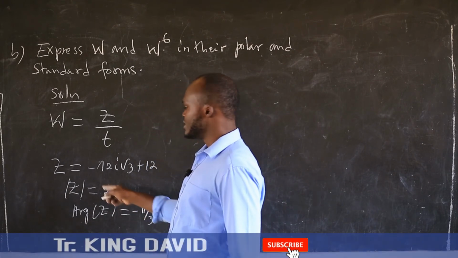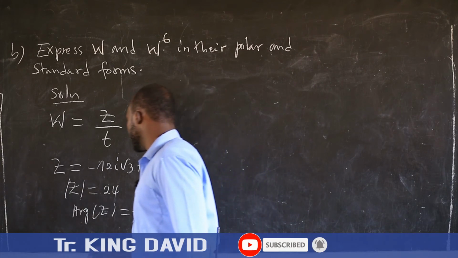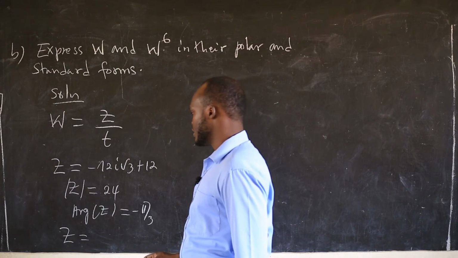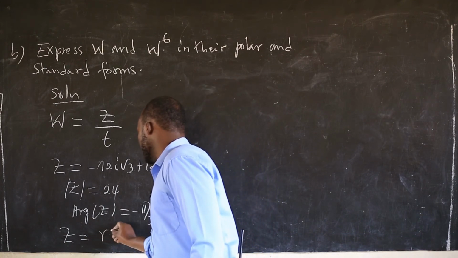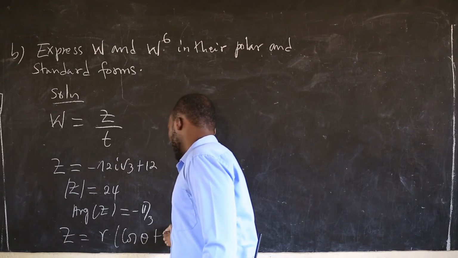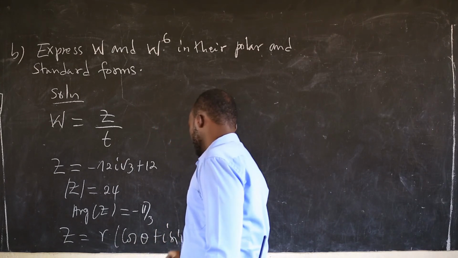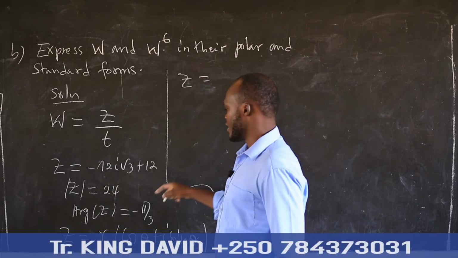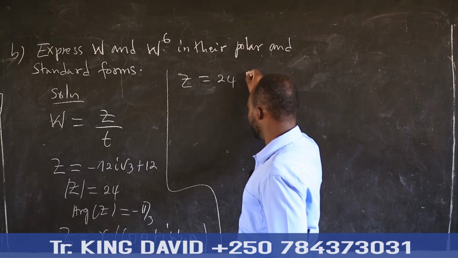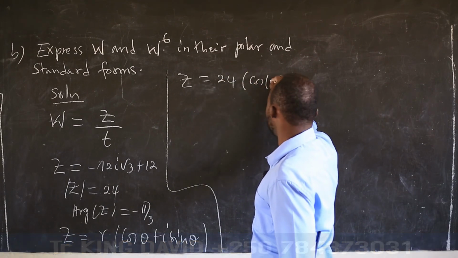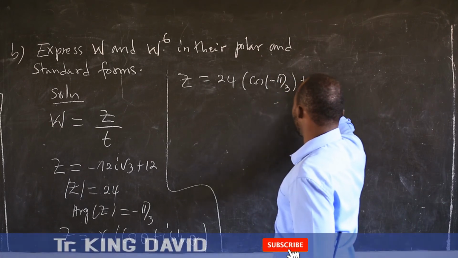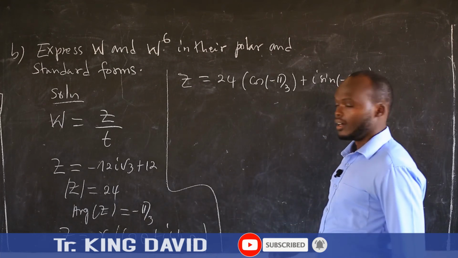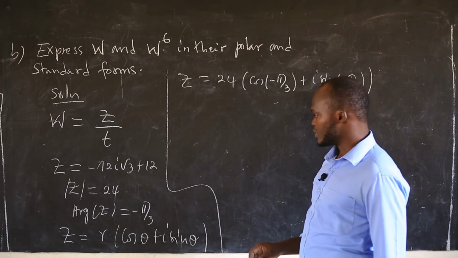So which means that we can express this z in the polar form, where z is r into bracket cos angle plus I sine the angle. So our z is, what is r? 24 into bracket cos of negative pi over 3 plus I sine of negative pi over 3. That's z.